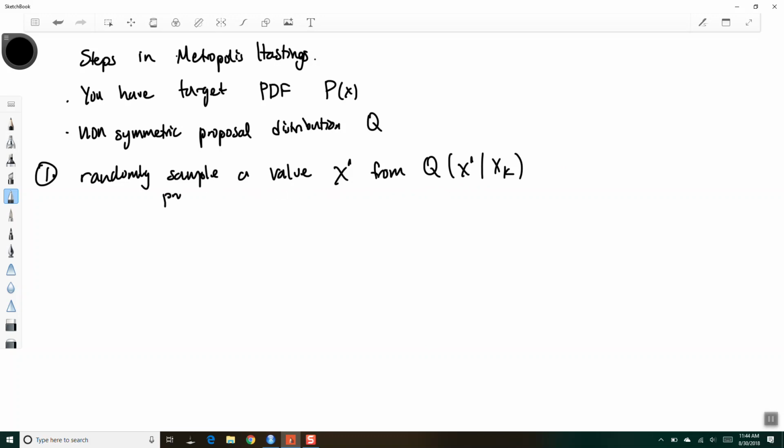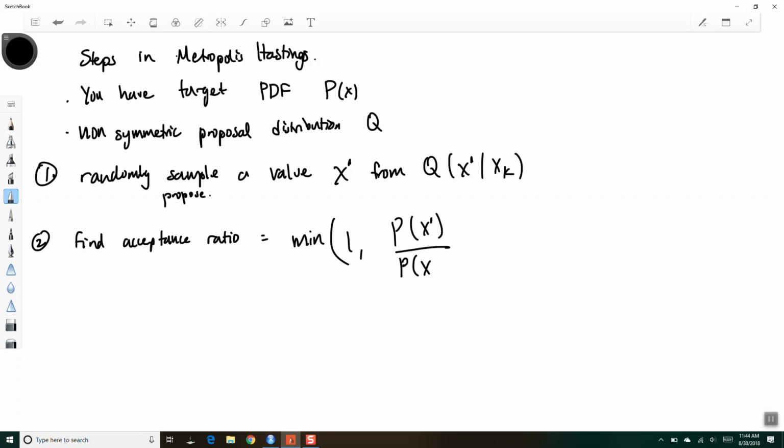Randomly sample or propose a value. Then find the acceptance ratio: the probability of the proposed value divided by the probability of your current value, times the ratio of the proposal probabilities. You're currently at value xk, I should say.